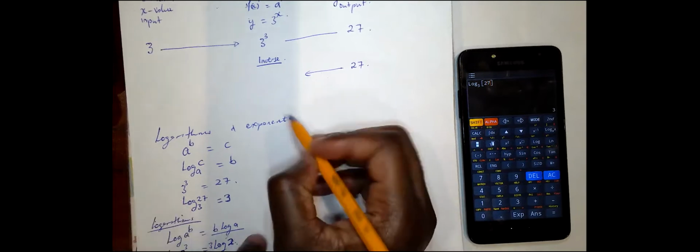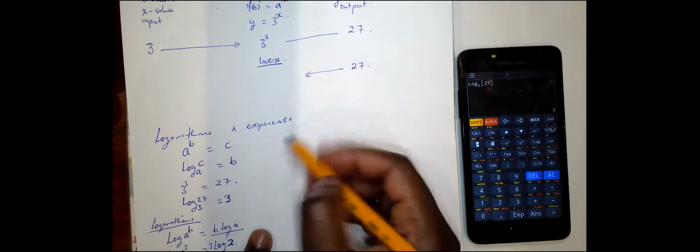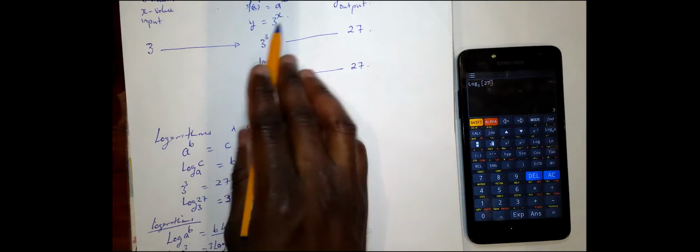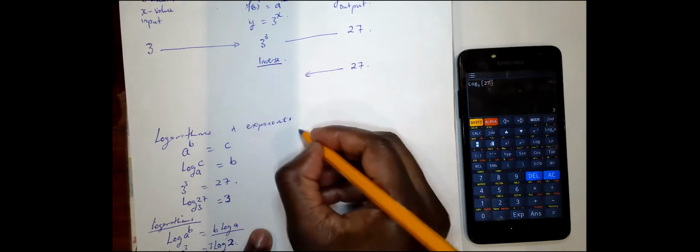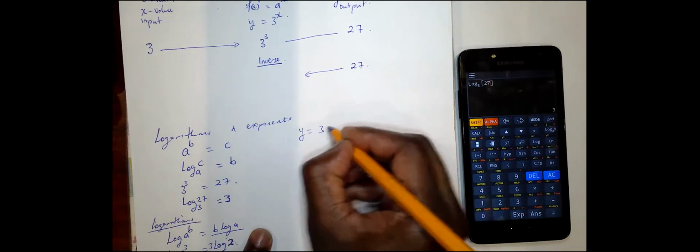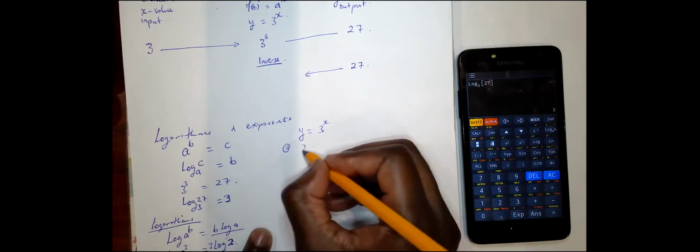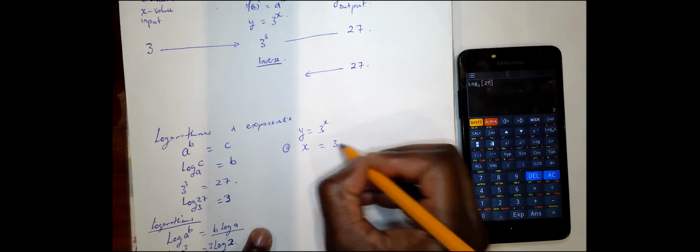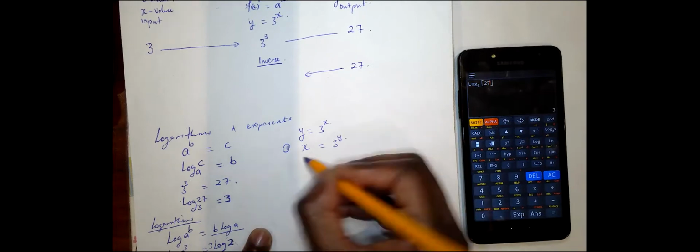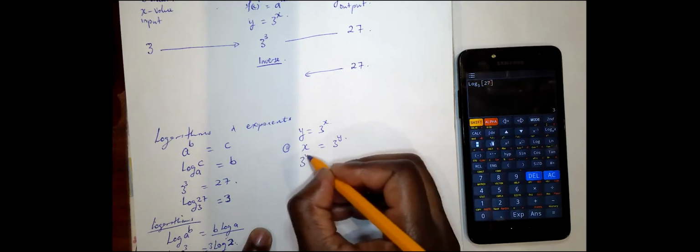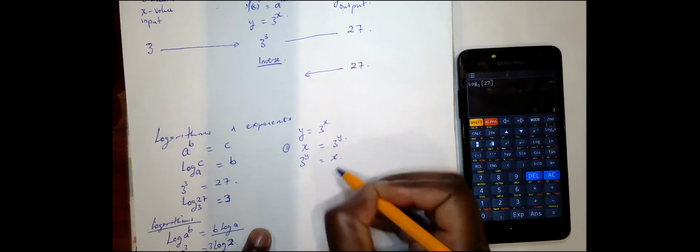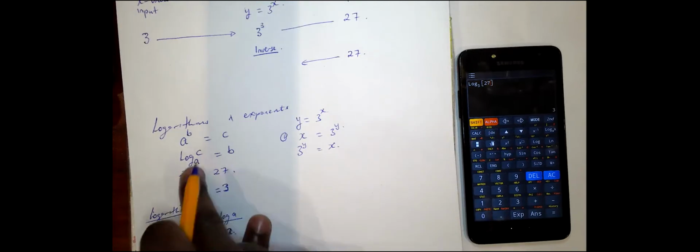Okay, so let's get to see our problem here. What is our problem here? Our problem is saying we have y equal to 3 to the power of x. The first stage, what we do, we interchange: x is equal to 3 to the power of y. So basically now we're having 3 to the power of y equal to x. And what is our logarithm relationship saying?